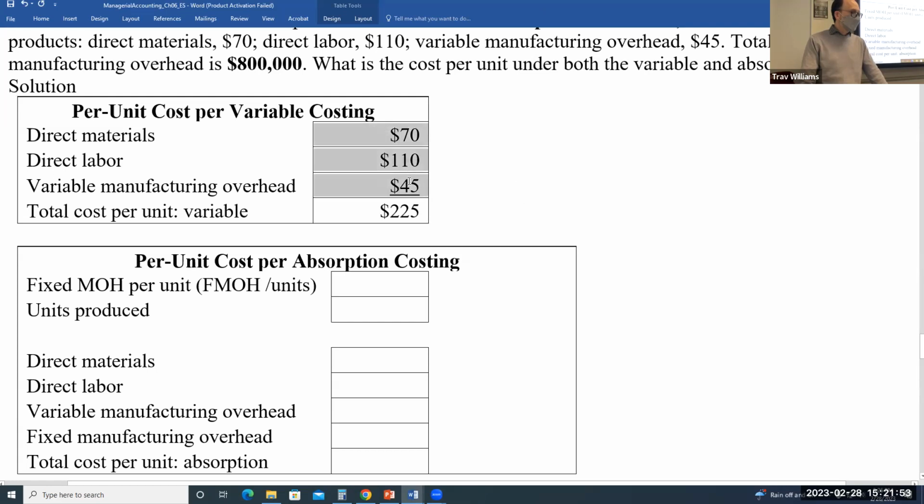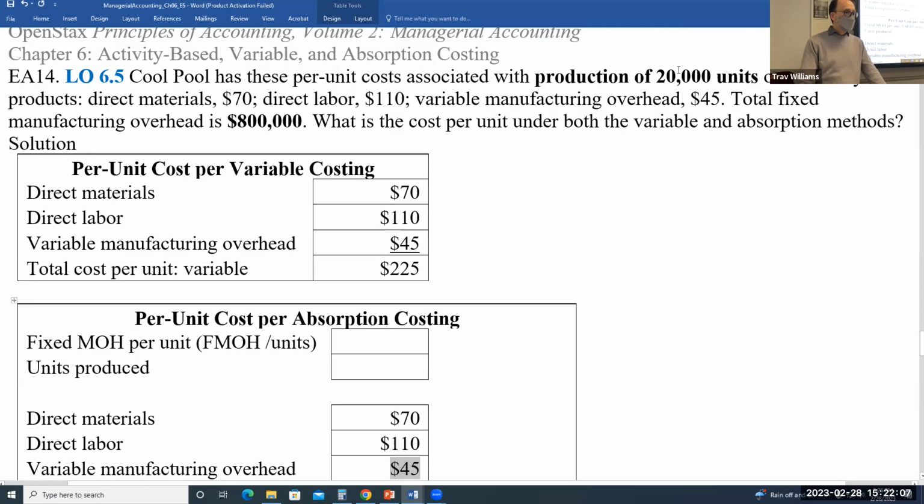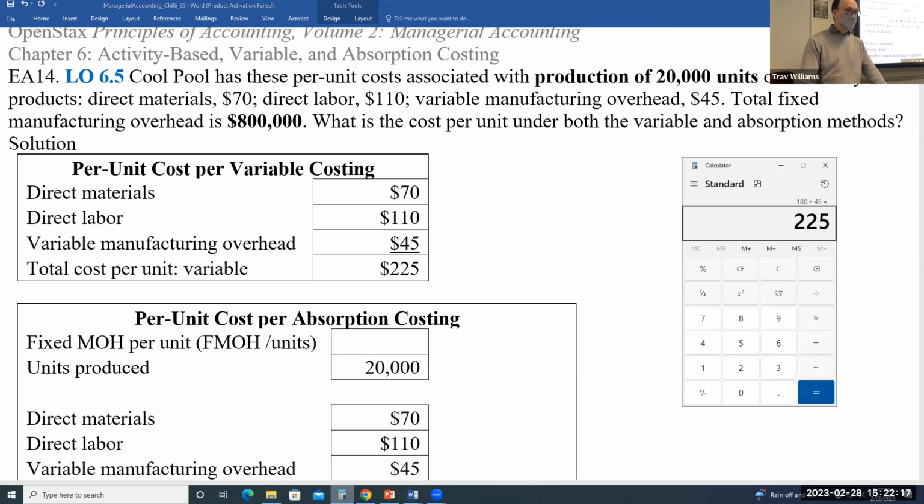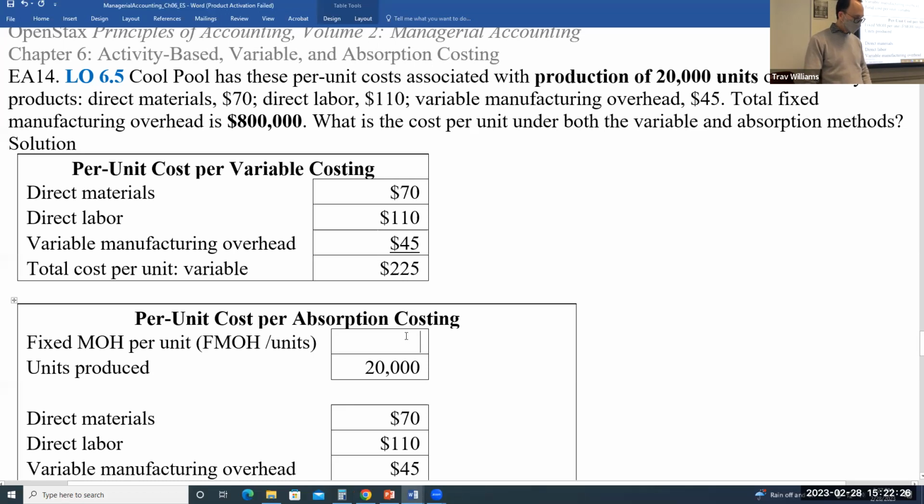Now, those will be the same under absorption, same variable costs, but we have to add in the fixed overhead cost per unit. So if we're producing 20,000 units and fixed manufacturing overhead is 800,000, we come out with $40 of fixed manufacturing overhead per unit.